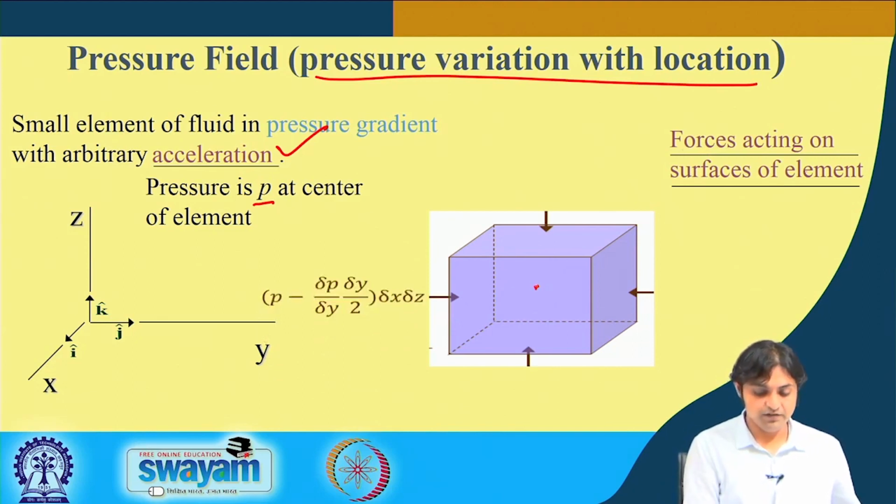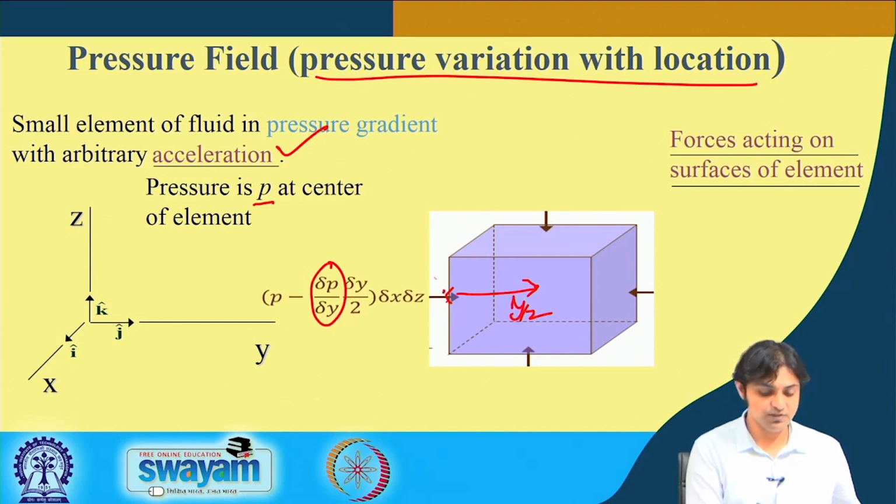If the pressure at the center is P, then the pressure variation in this direction can be given as delta P by delta y. So, this is the pressure variation in the y direction, and what is the length? This is delta y by 2. Okay. So, in this direction it will be P minus delta P by delta y multiplied by delta y by 2.